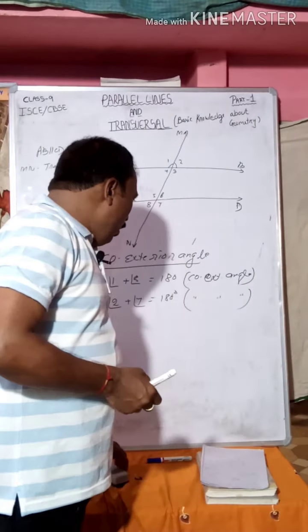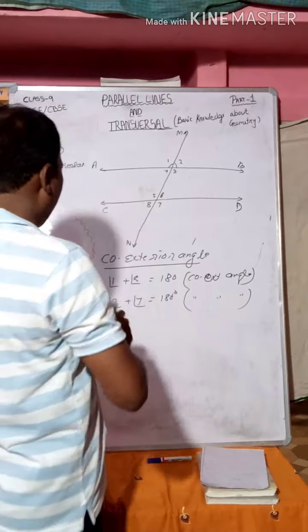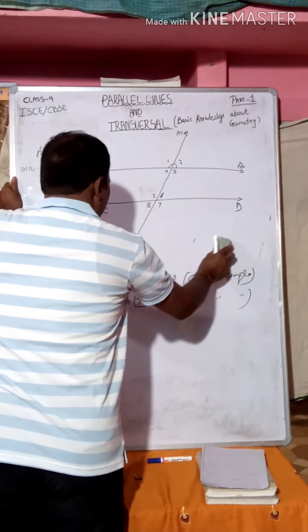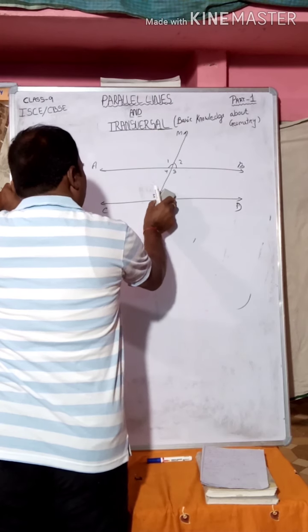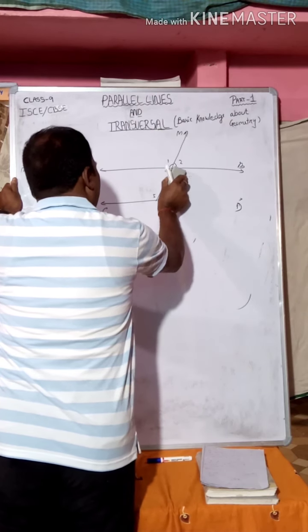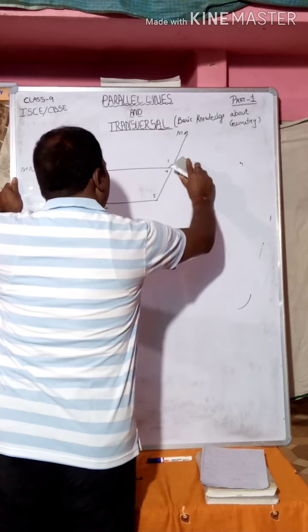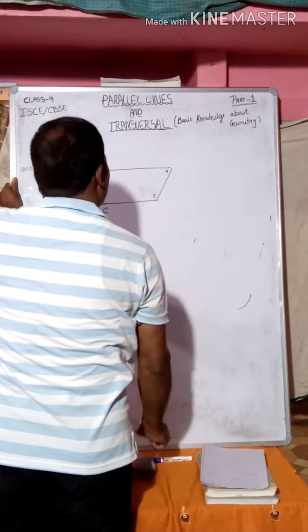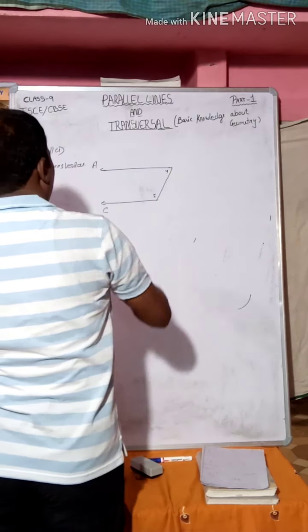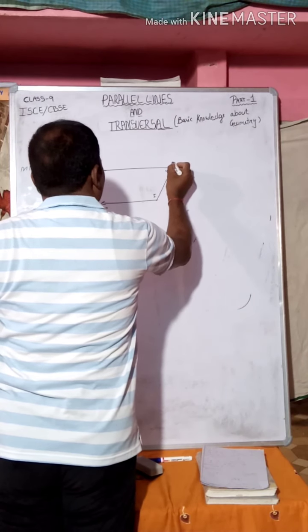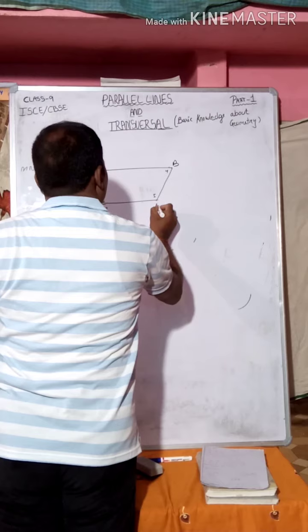Now look at another thing. Suppose this side is omitted, this is omitted, and only this much is given. A, B, and BD.